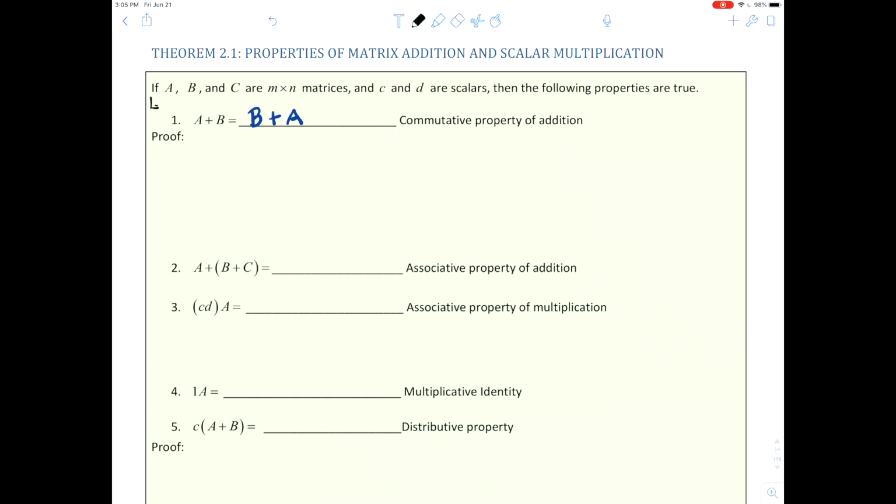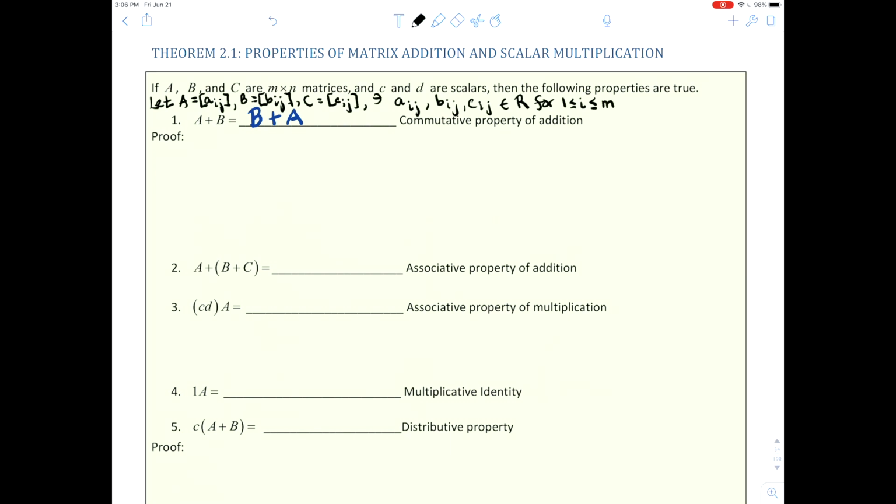We're going to let A equal to Aij, B equal to Bij, matrix C equal to Cij, such that Aij, Bij, and Cij belong to the real numbers for 1 less than or equal to i less than or equal to m.